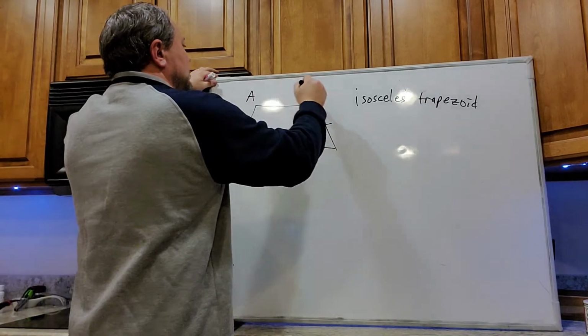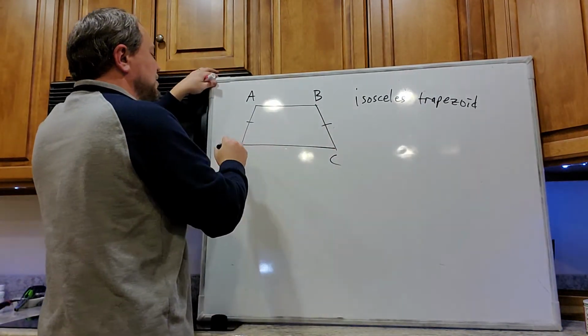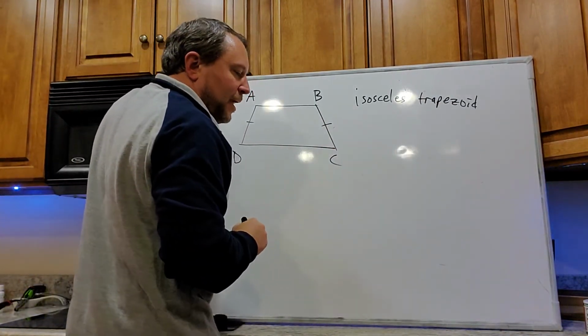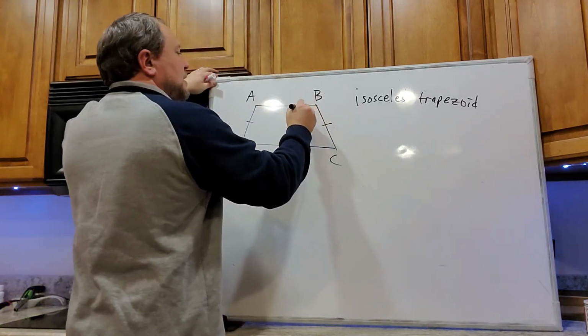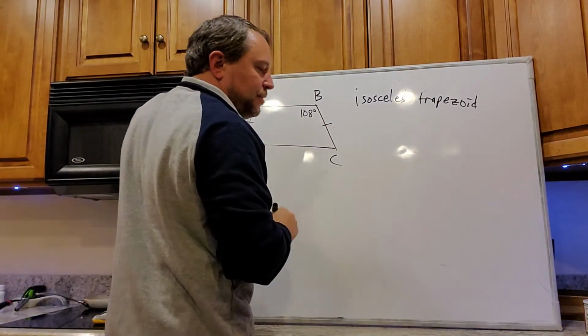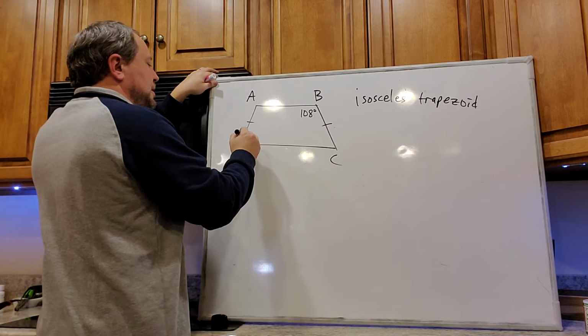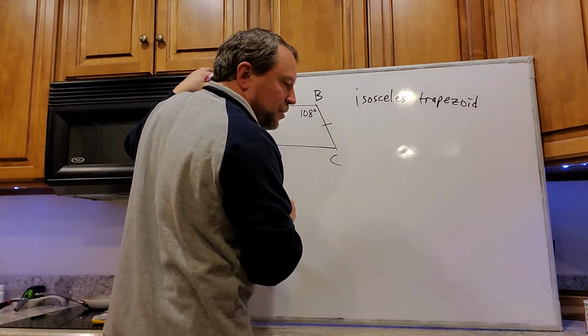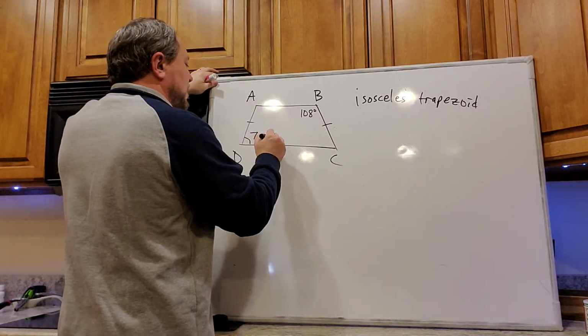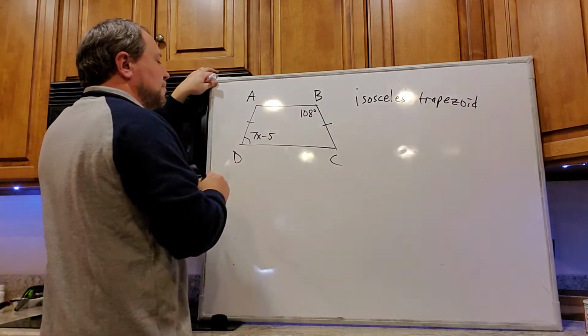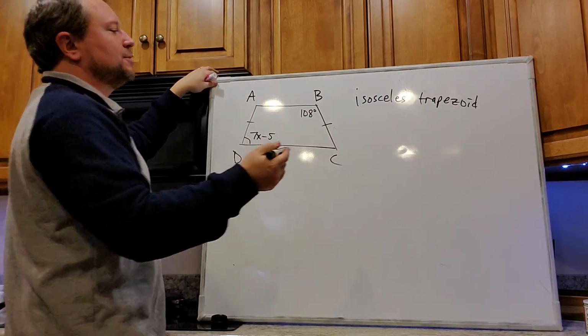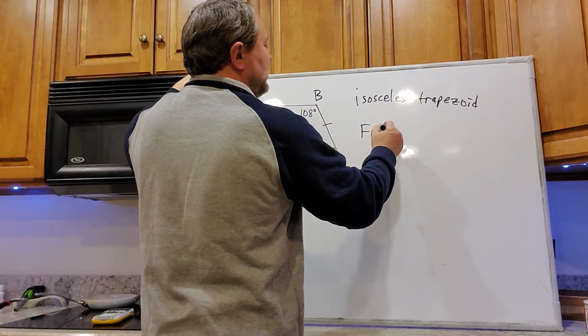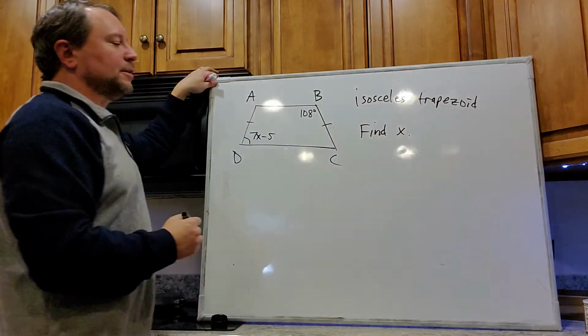Let's say that our isosceles trapezoid is labeled ABCD, and angle B over here is 108 degrees, and angle D down here is labeled 7x minus 5. And of course, being an algebra problem, I'm going to say find x.